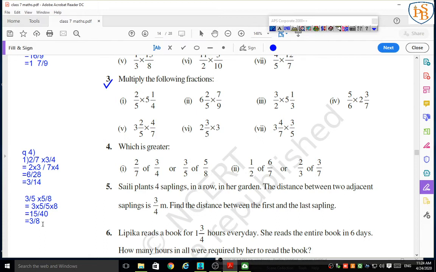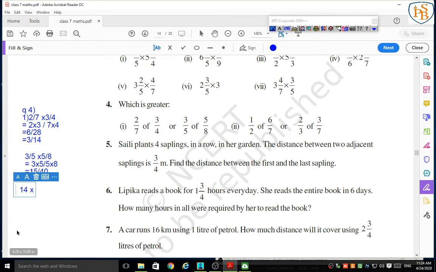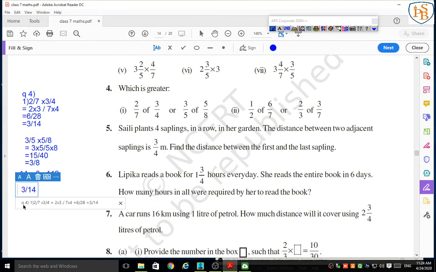So with the help of LCM we have to find this. Now look at here, LCM of 14 and 8 is 112. So we have to make the denominator 112, and for that we have to multiply this 3 upon 14 by 8.